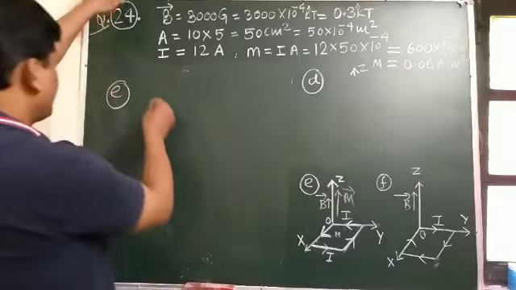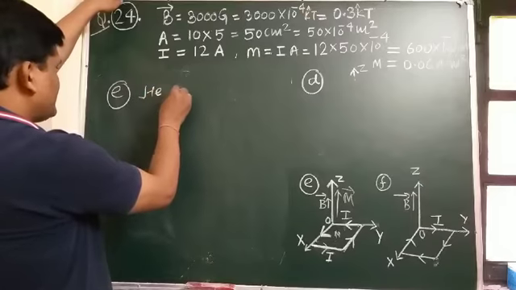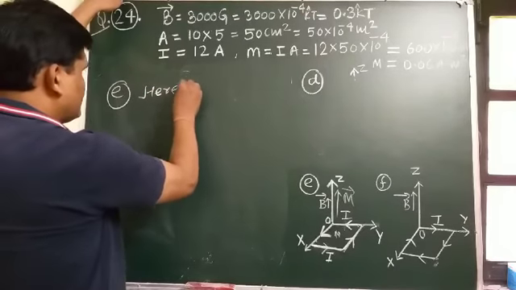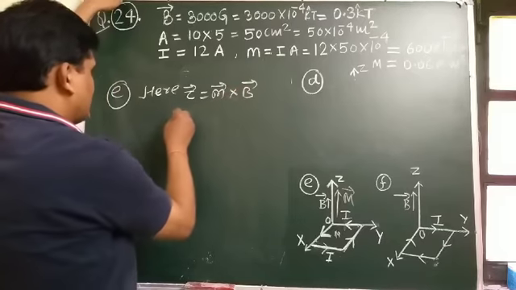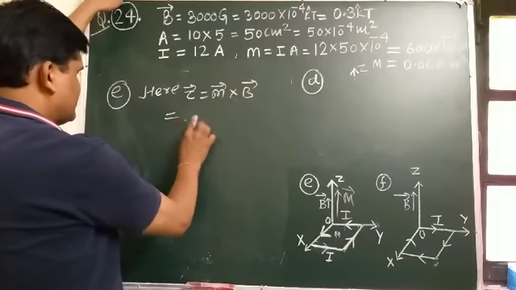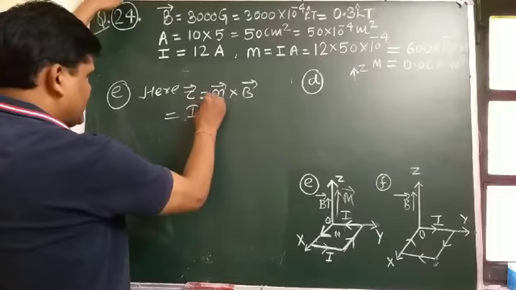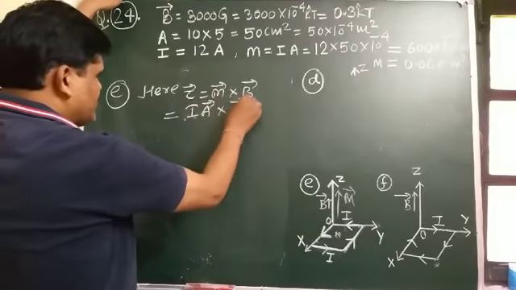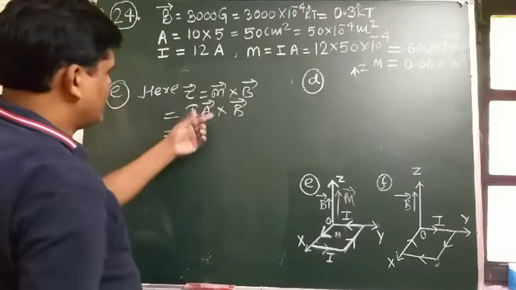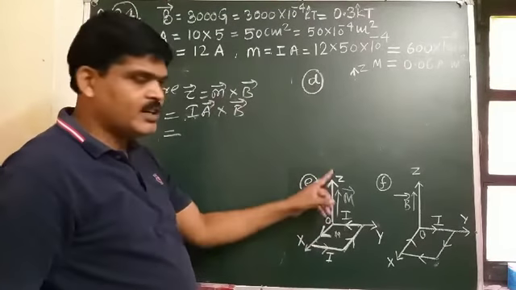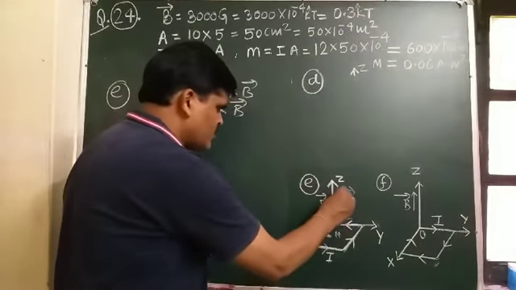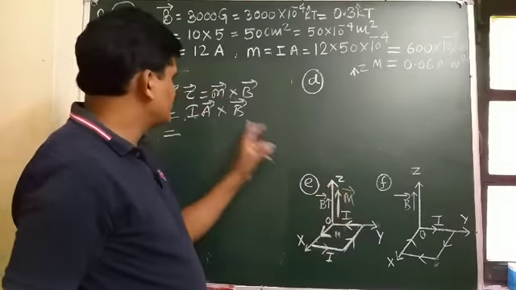So tau is M cross B, and M can be written as IA cross B. The direction of area vector or magnetic moment is towards z axis.